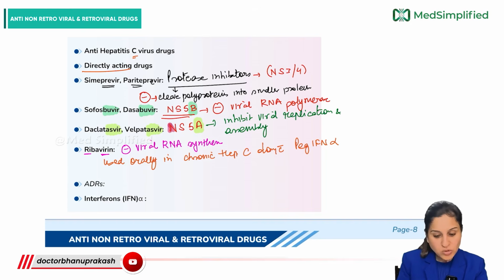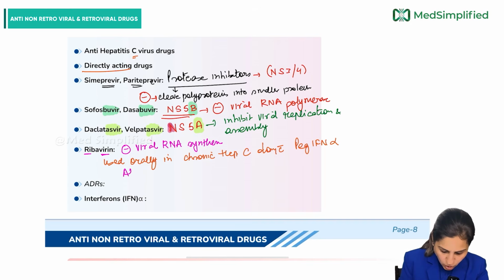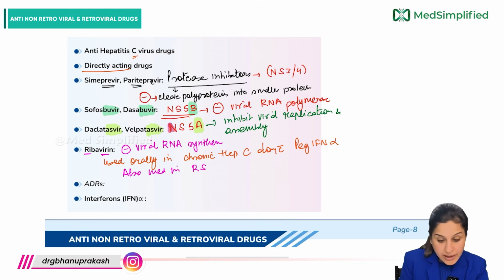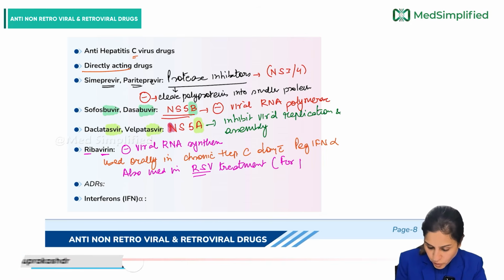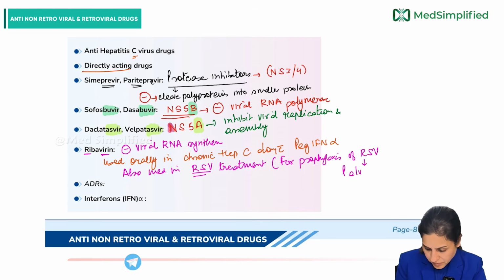What is the other use of ribavirin? So ribavirin is also used in RSV, respiratory syncytial virus, treatment. For prophylaxis of RSV, we use palivizumab.